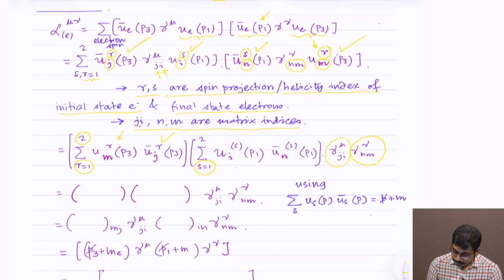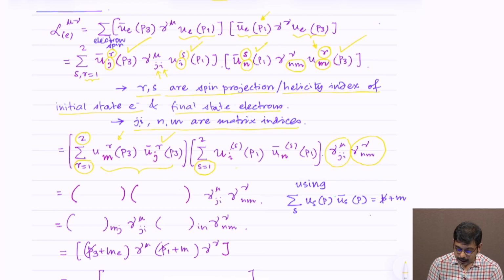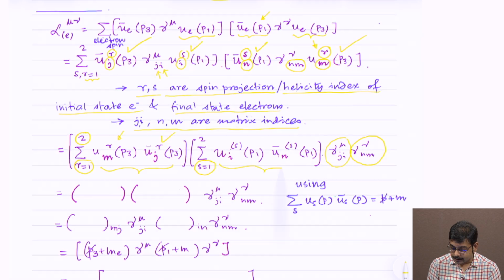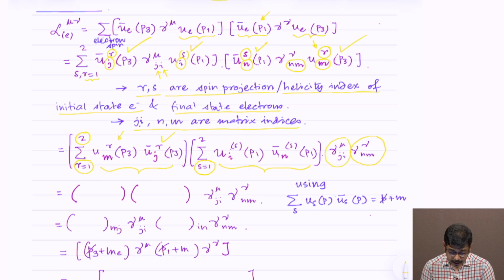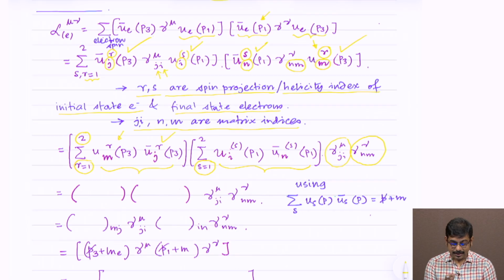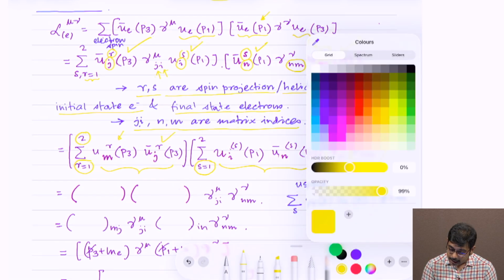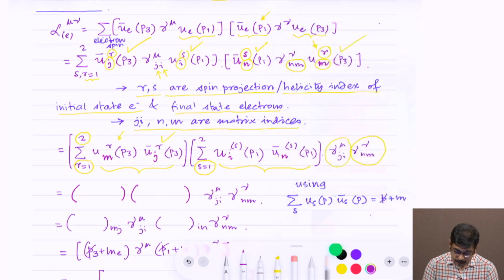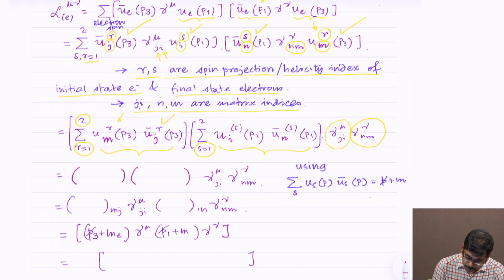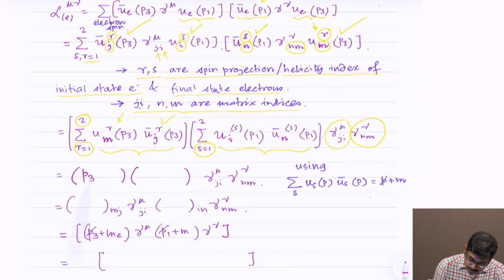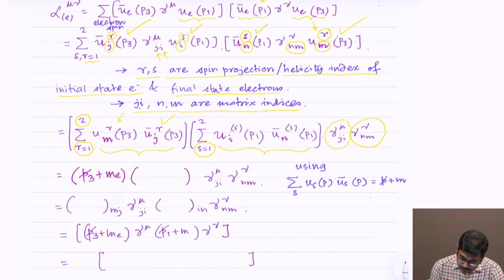Now, this expression that we have here is essentially something we have already come across. This is essentially the sum over the helicity states or spin states of u u bar. This is one of the completeness relations that we derived in the earlier lecture. So, can you tell me what exactly this is going to be? This is simply going to be P3 slash plus m e, because this is describing the electron. And what will be the matrix component associated with it?